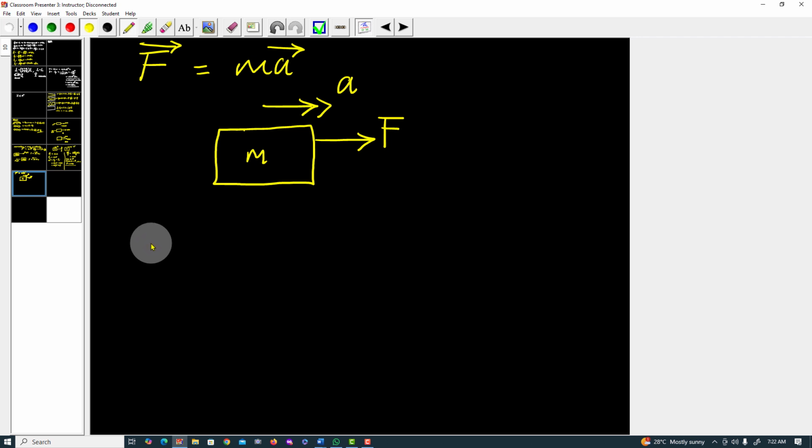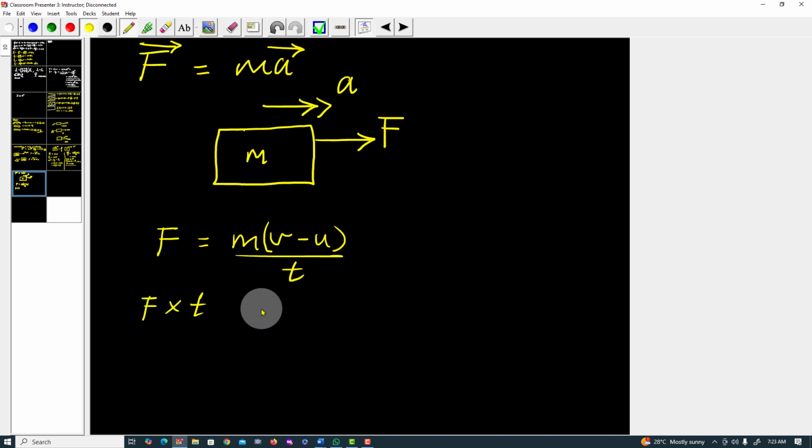Let's go ahead and break down this law, work backwards. We have seen that a is (v minus u) over t. We can multiply both sides by t, and we get Ft is going to be equal to m(v minus u).